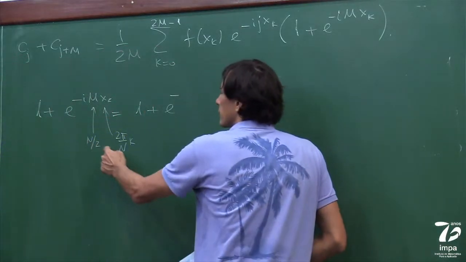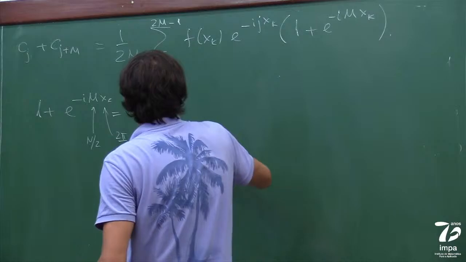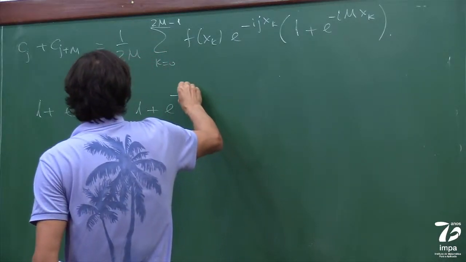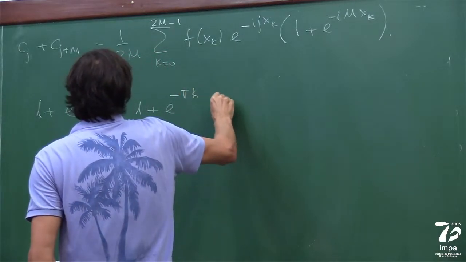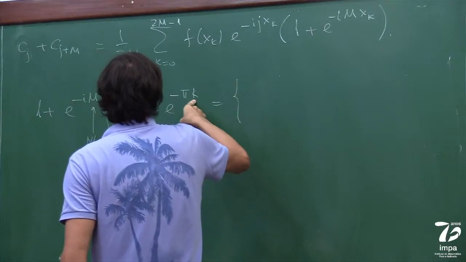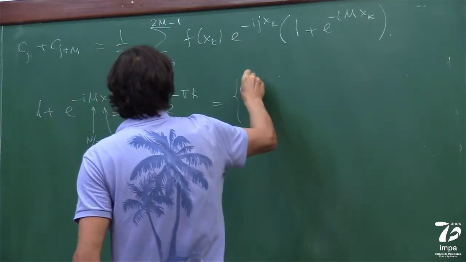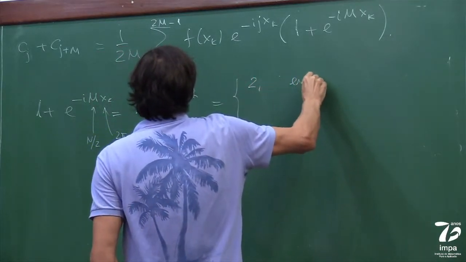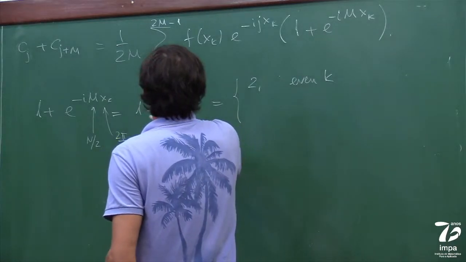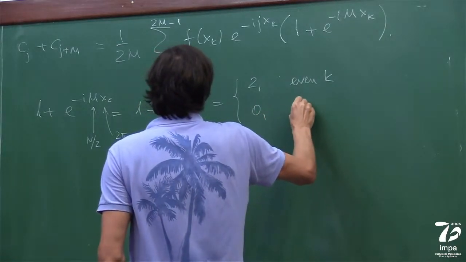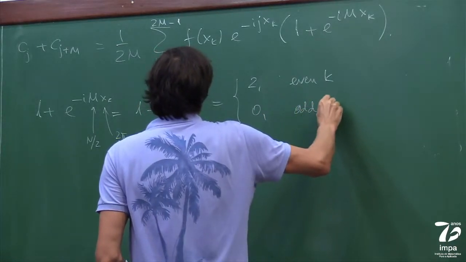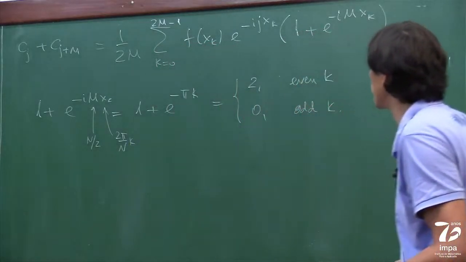So n cancels, and 2 cancels. So it will be minus k. And so when k is even, this is 1 plus 1. And when it's odd, it's 1 minus 1. Good.